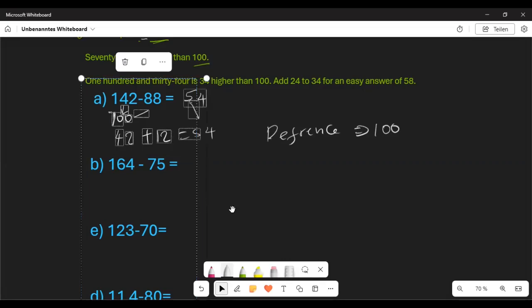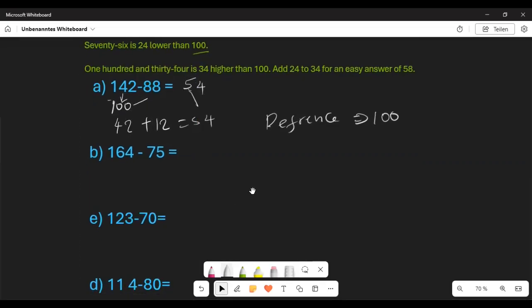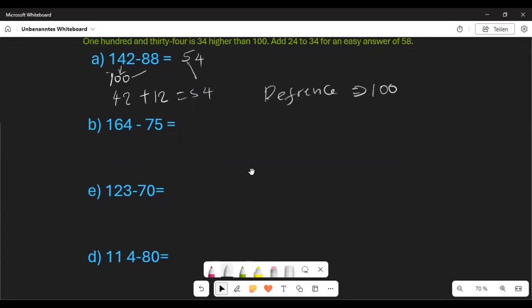Now let's look at another number. Let's look at B. Again, having 100 as our reference number, we know that the difference between 164 and 100 is 64. But again, we know that 100 minus 75 will give us 25. So we change the subtraction into addition.